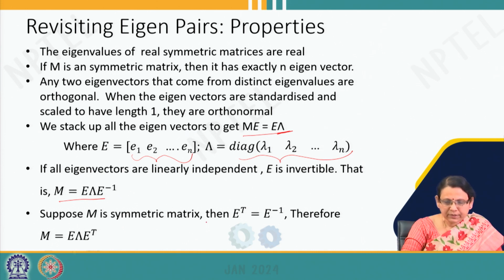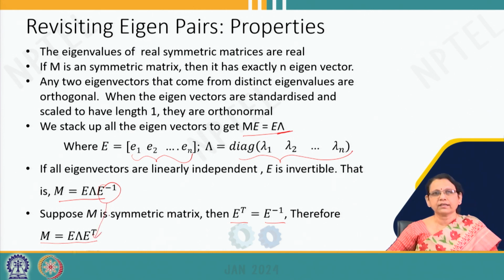Now, suppose M is a symmetric matrix, then E transpose is E inverse. Therefore, M can be decomposed into E lambda E transpose. Because M is a symmetric matrix, we can represent it in this form.